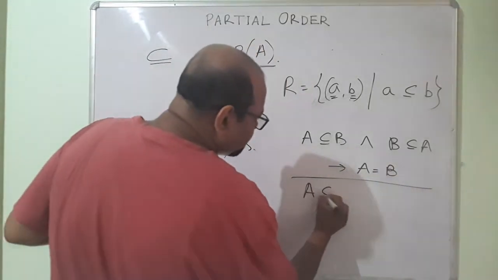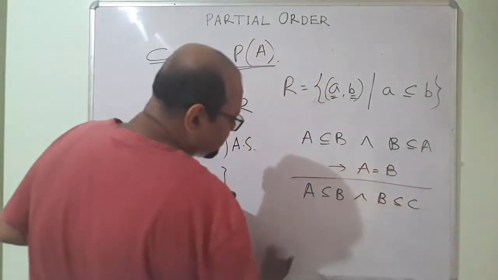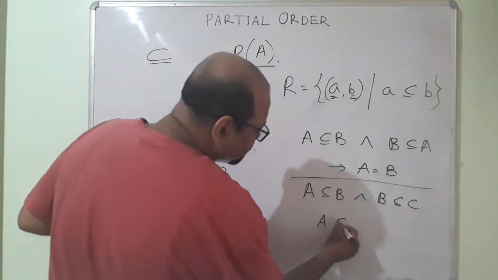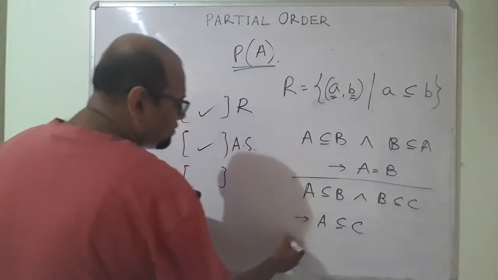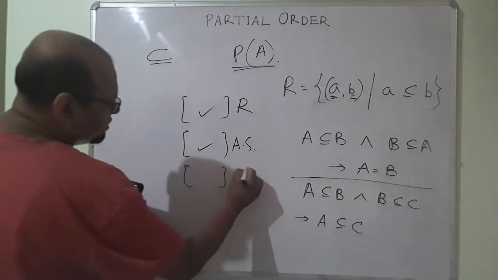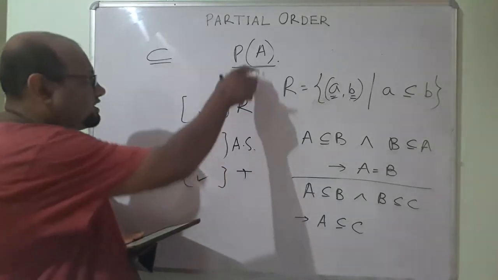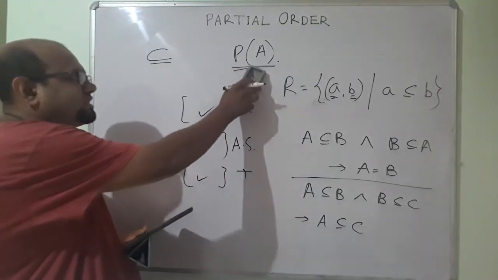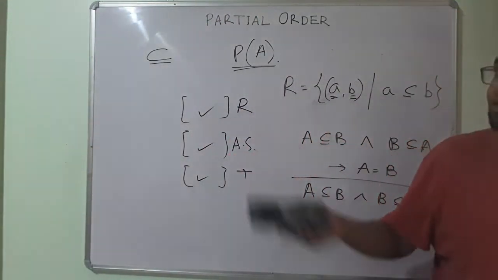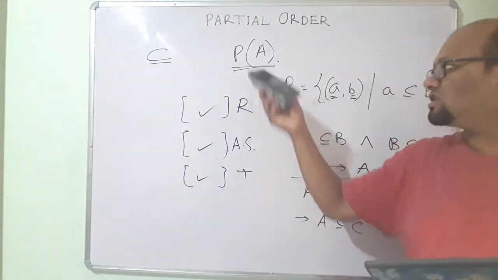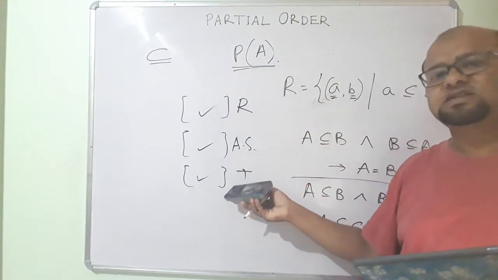Alright. Now let us talk about transitive. If A is a subset of B and B is a subset of C, then we know that A is a subset of C. Correct? We know this basic set theory. So we know this is transitive. Alright. So this subset relation on the set P(A), the power set of A, is reflexive, antisymmetric and transitive.